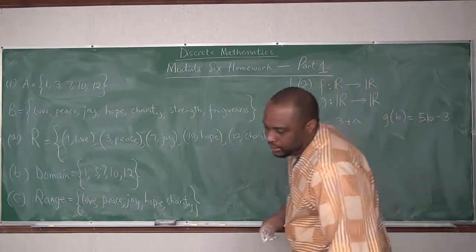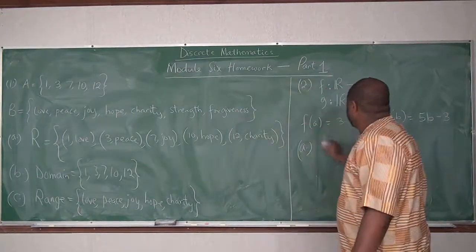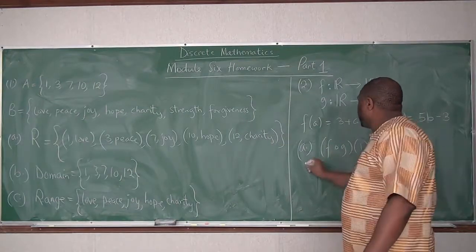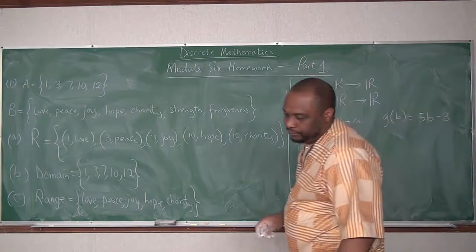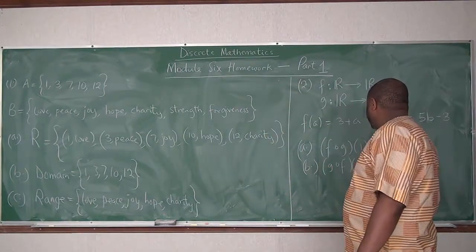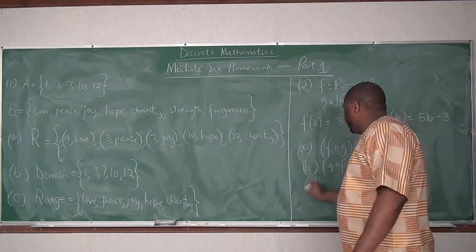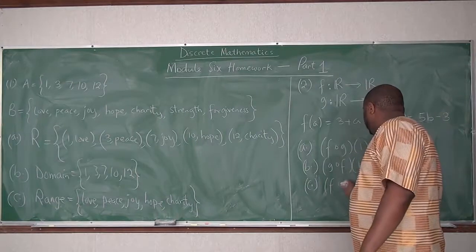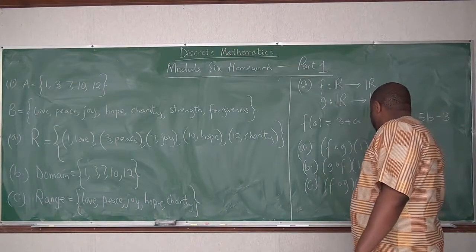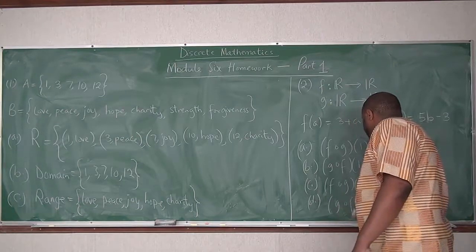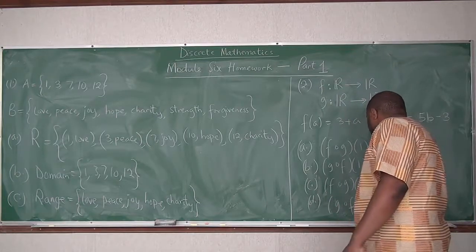So find fog, f composed with g of 1, b. Goff, g composed with f of 1, c. Fog of x, and then Goff, g composed with f of x.